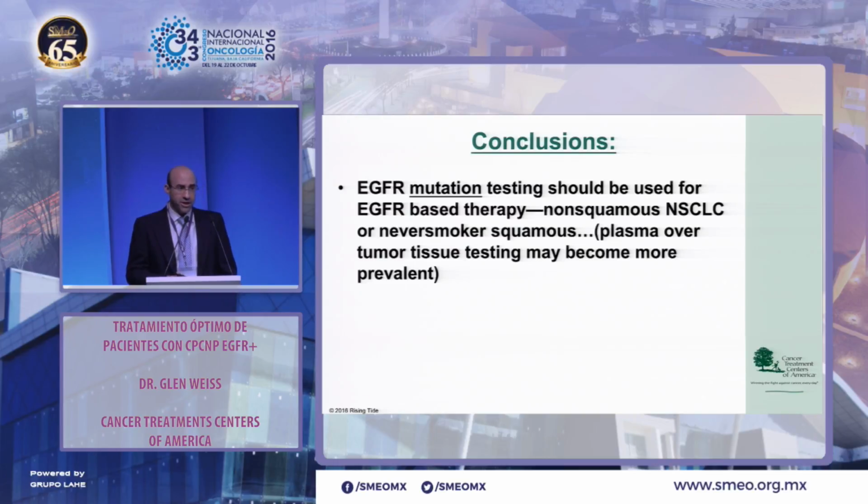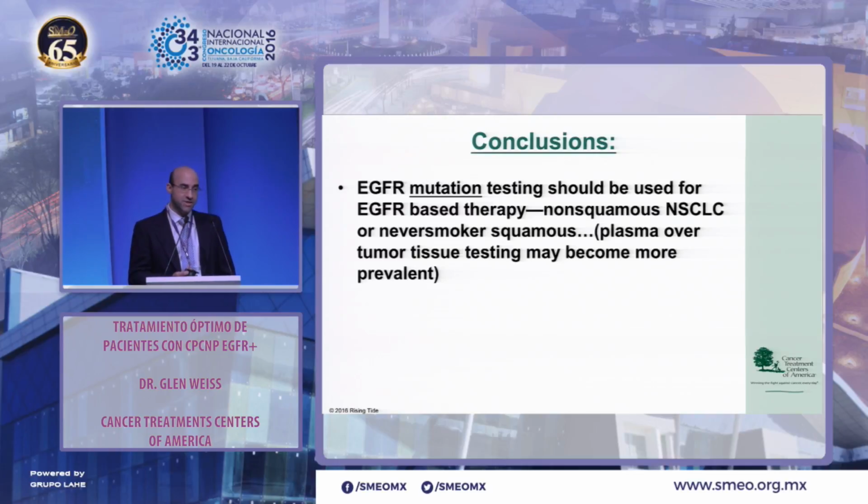So I'm going to conclude now with my talk, and I hope that you could see from the slides I've presented that EGFR mutation testing should be used, and that for patients with non-squamous non-small cell lung cancer or those with never smoker squamous cell, it would be prudent to test for EGFR mutation.